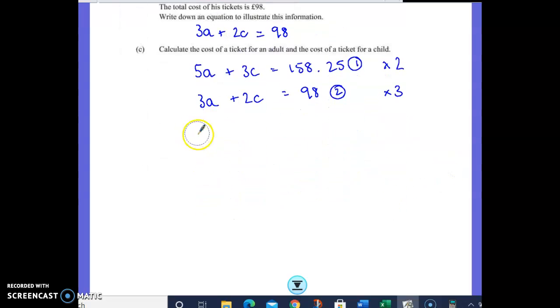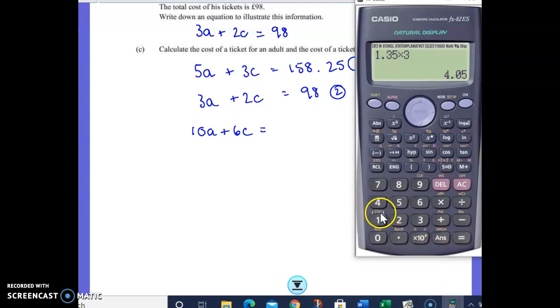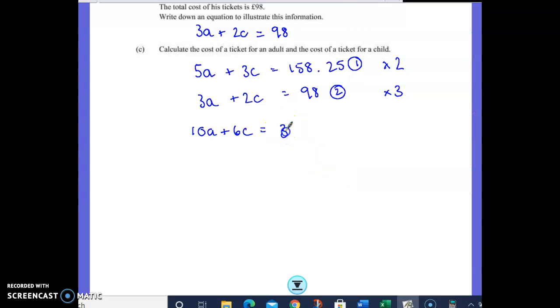Times by 2 then, I get 10A plus 6C equals £316.50.